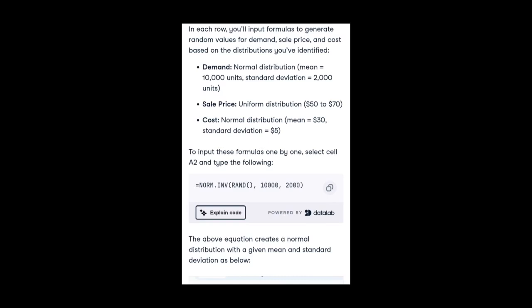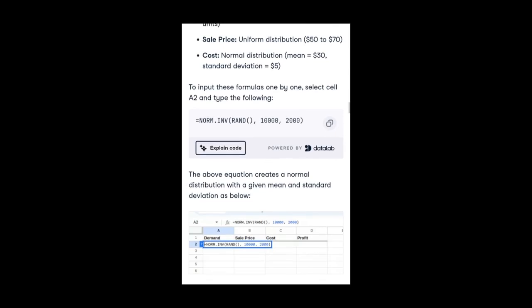Demand: normal distribution with mean 10,000 units and standard deviation 2,000 units. Sale price: uniform distribution from rupees 50 to rupees 70. And cost: normal distribution with mean 30 and standard deviation 5. And we have to give the input formulas for the variables like this.